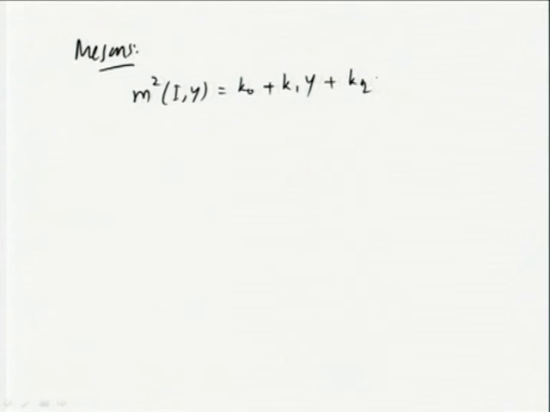In the case of mesons, the mass relation is for the square of the masses with the same relation K0, where K0 may now be different when you consider a different group. So, K0 plus K1 y plus K2 I into I plus 1 minus y square by 4.